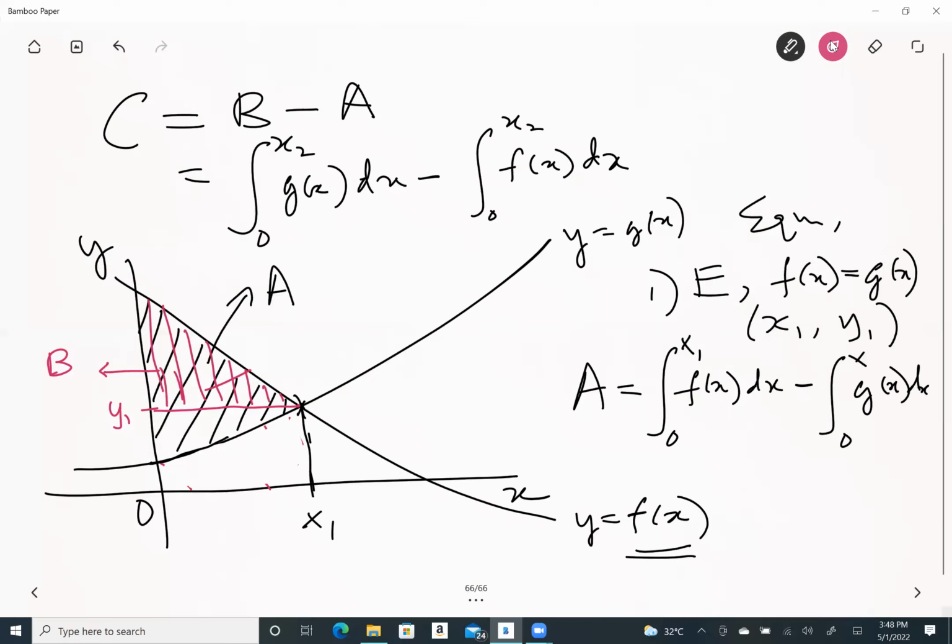What do you have to take out? The area of y1 times x1. You have to take out the area under y1, that rectangle y1 x1. Okay. Anybody not clear? So that would be our area.